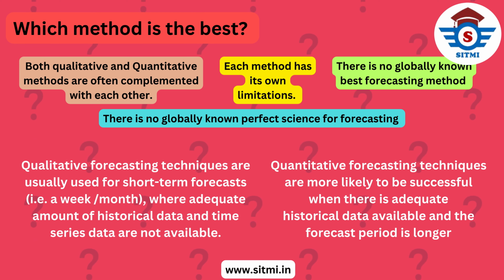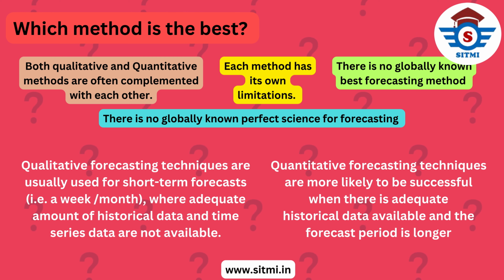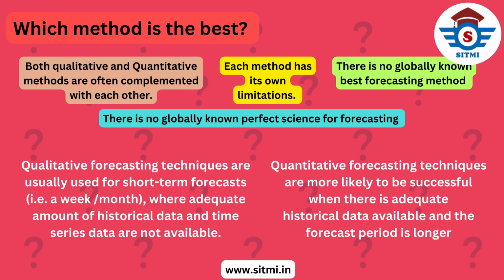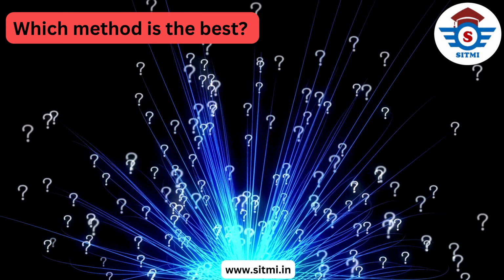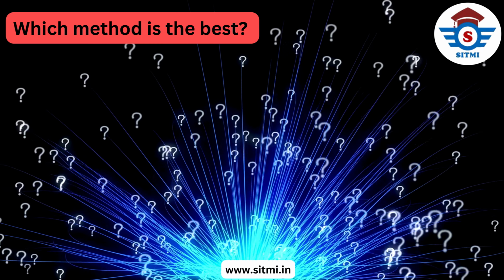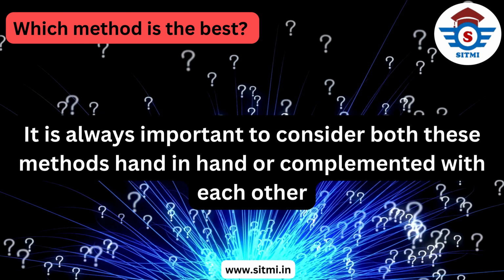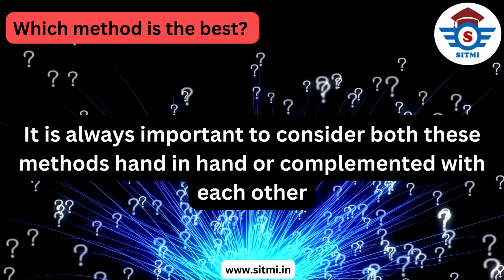On the other side, quantitative forecasting techniques are more likely to be successful when there is sufficient historical data available for the forecast, and quantitative forecasting is usually done for the longer period. Now, which of these methods is the best? There is no right method. It is always important to consider both these methods hand in hand.